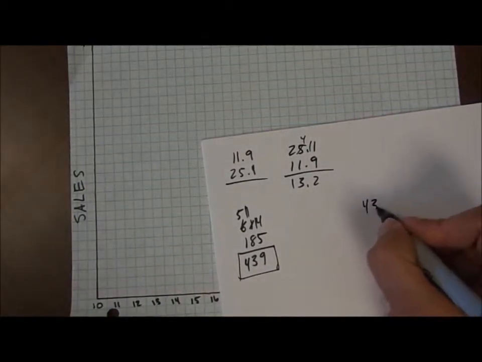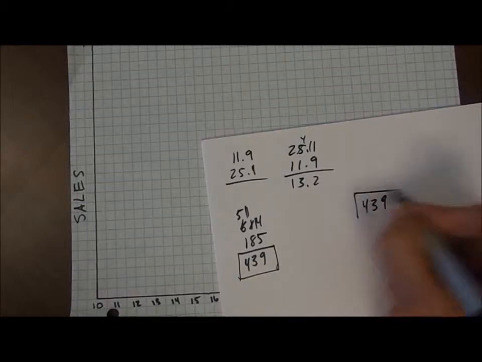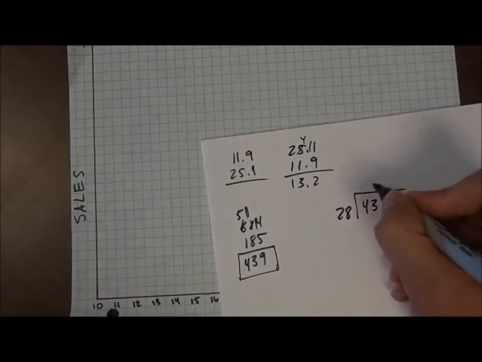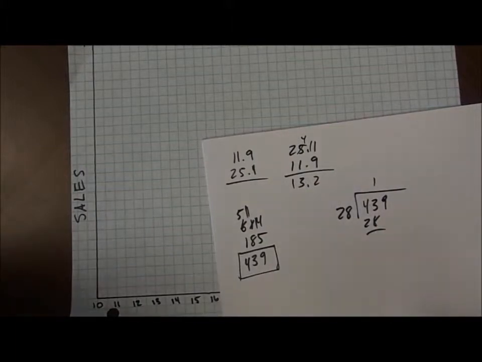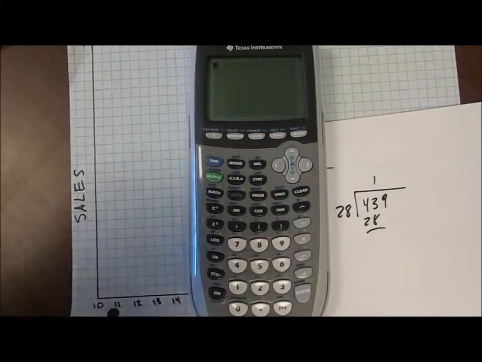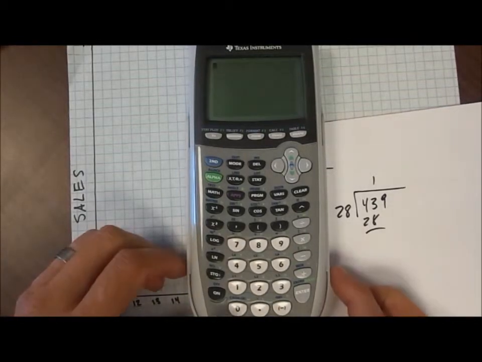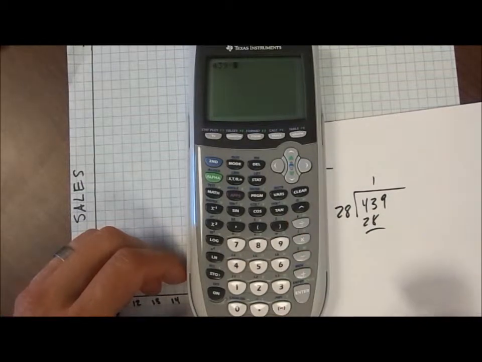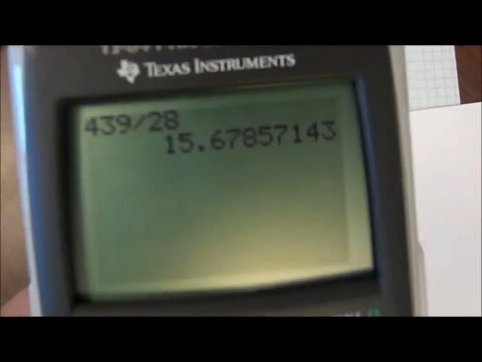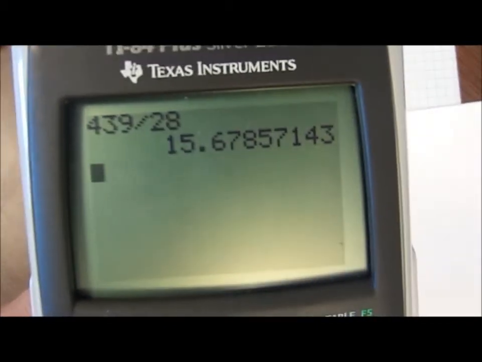Let's see what that comes out to be. 439 divided by 28. When am I ever going to use division? I know we have calculators for that. And here's our calculator. So we go 439 divided by 28, and I get 15.67.